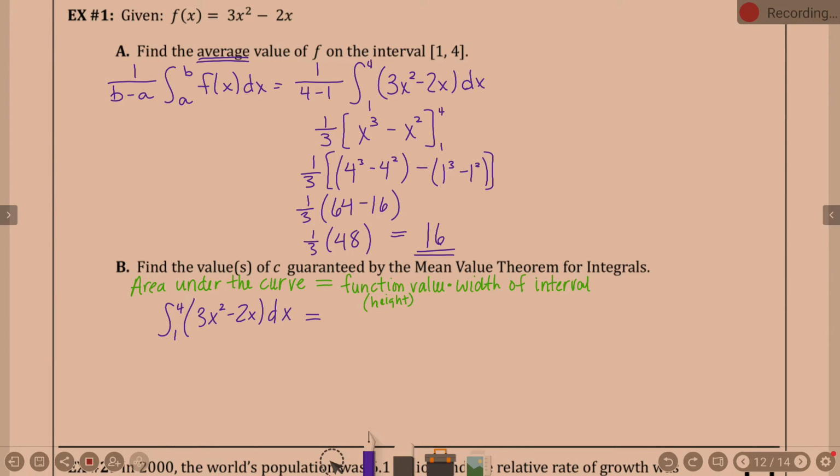And that's going to be equal to the function value. What we're going to call that for right now, because we're trying to find a specific value of c, is f of c, times the width of the interval. How do I do the width of the interval? Well, that is your b minus a.